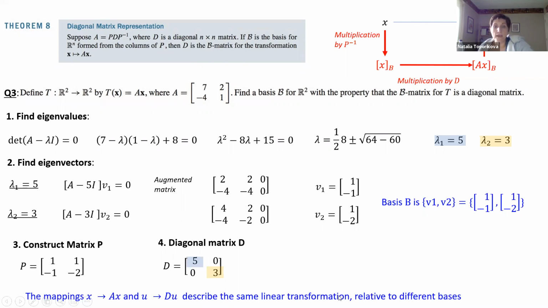It's just that the bases are different. But when we use our matrix P, which consists of our eigenvectors, we can carry out this operation.